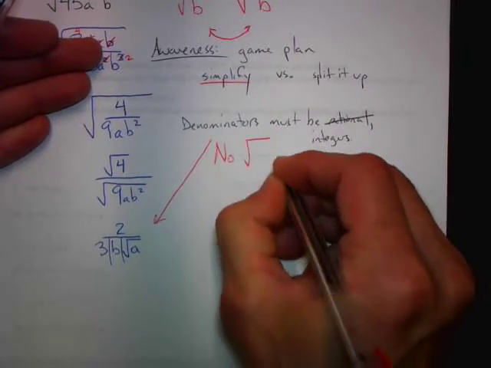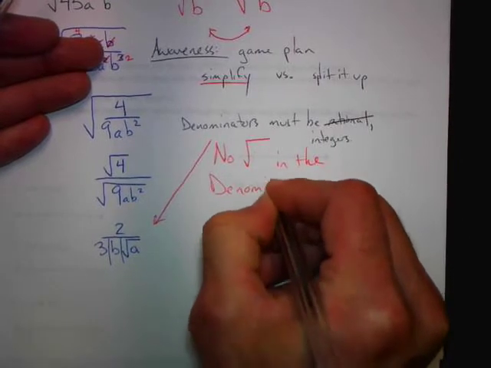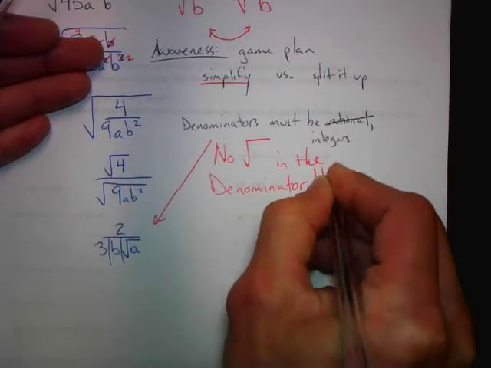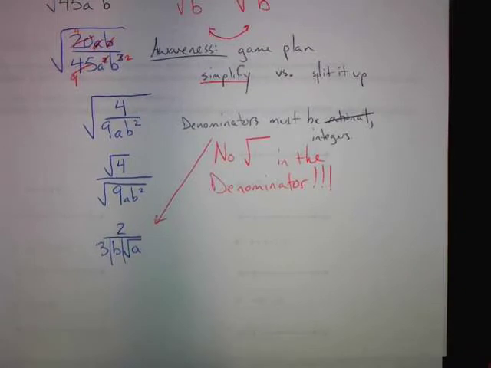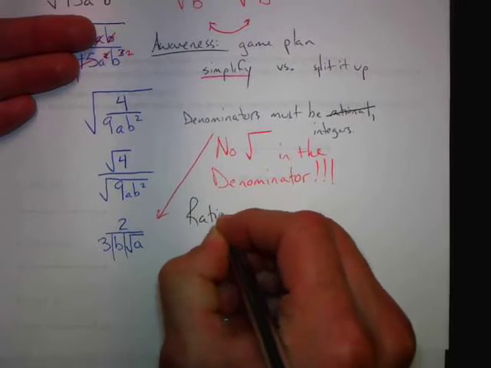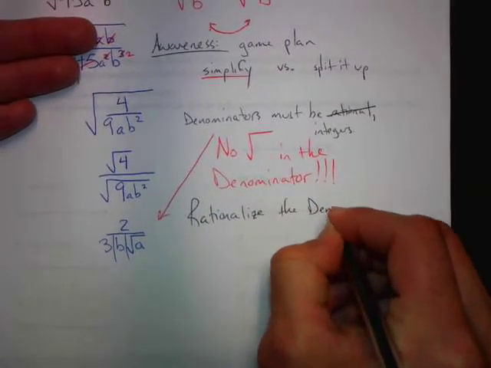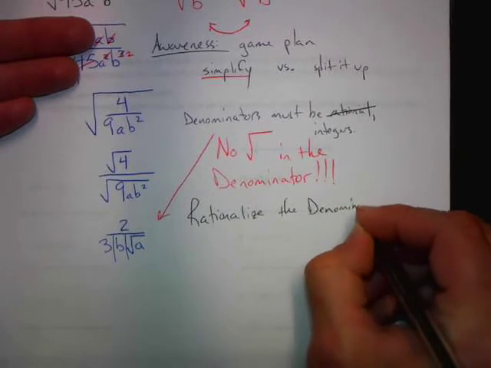No radicals in the denominator. That's a huge rule. So we're screaming, no radicals in the denominator. So what does that mean we have to do? We have to do something called rationalizing the denominator. We've done this before with imaginary numbers.